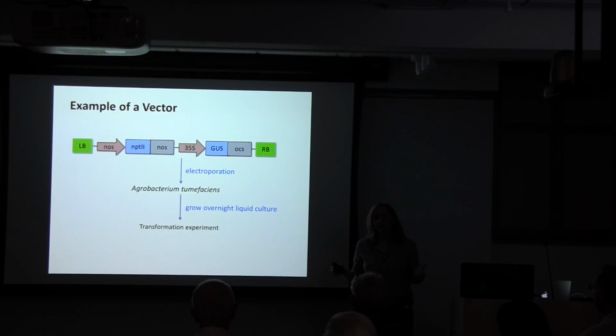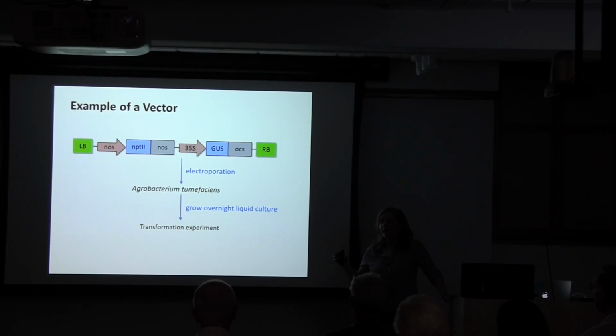So when we do our transformation, we'll put that kanamycin into the medium. And the reason we do that is, say we're doing a tomato transformation and we have cotyledon pieces. Just about every cell in that cotyledon has the potential to go on and to make plants. And with the selectable marker gene, only the cells that receive that NPT2 gene go on to make plants because we have kanamycin in the medium.